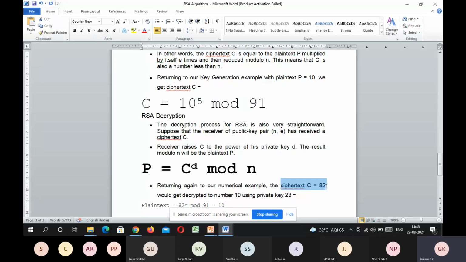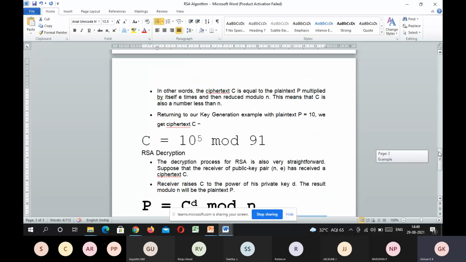Now using C and D comma N, that is the private key, what do we have to get? We need to get the plain text. We have to get P is equal to 10. If you don't get P is equal to 10, the answer is wrong.